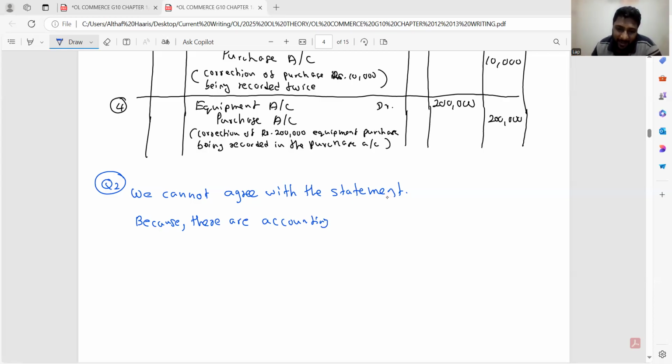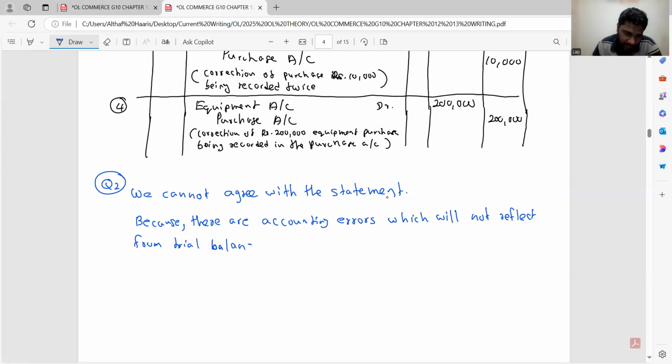Because there are accounting errors which will not reflect from the trial balance.